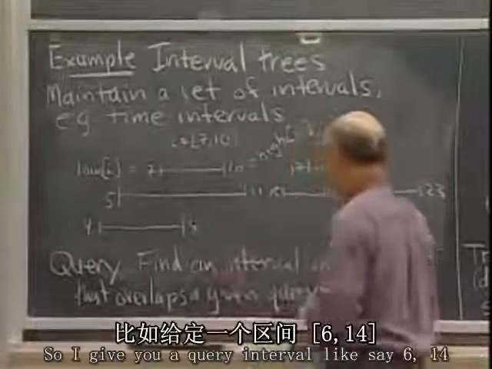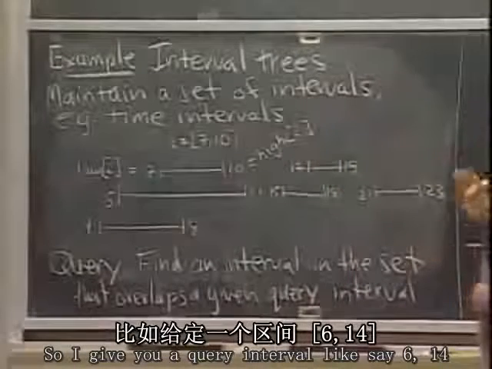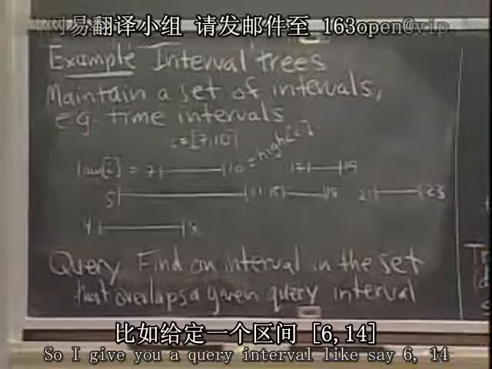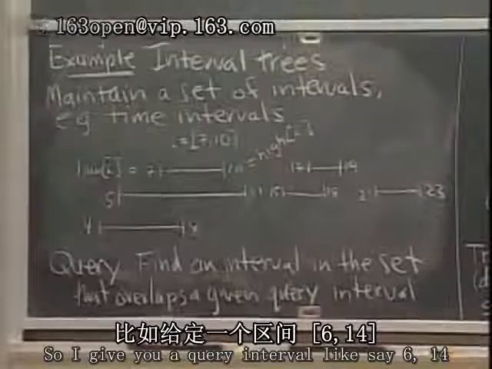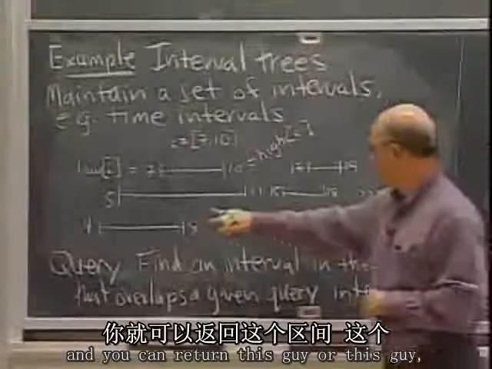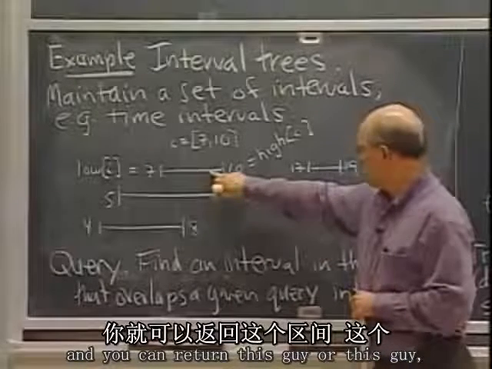Okay, so I give you a query interval like, say, let's say, 6, 14, and you can return this guy or this guy.